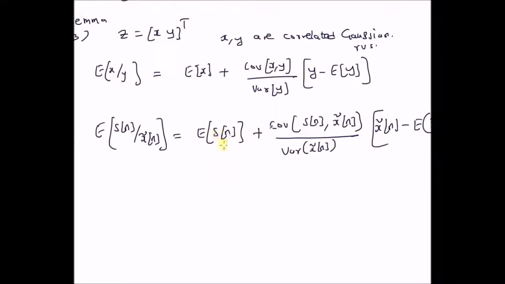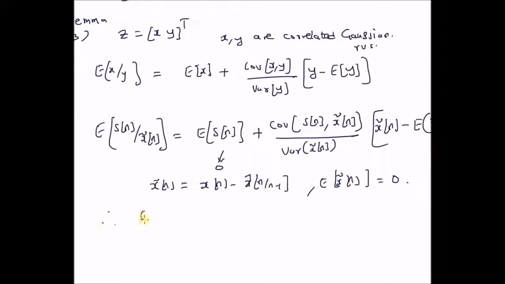This is basically the prior mean, which is assumed to be 0, so we can ignore this term. And since x tilde of n is equal to x of n minus x hat of n given n minus 1, which is basically the estimate of x of n given the n minus 1 observations, the expectation of x tilde of n is clearly equal to 0.